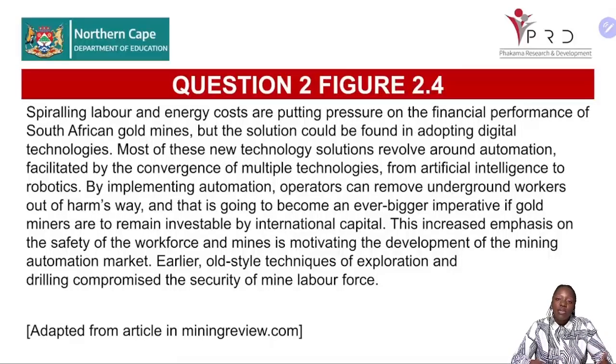As we're reading for the second time now, we are underlining what answers are supposed to come up from the extract. So in our extract, it's saying the spiraling labor and energy costs are putting pressure on the financial performance of South Africa's gold mines, but the solution could be found in adopting digital technologies. Most of these new technology solutions revolve around automation, facilitated by the convergence of multiple technologies from artificial intelligence to robotics.